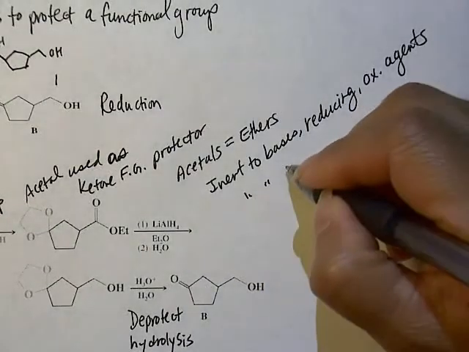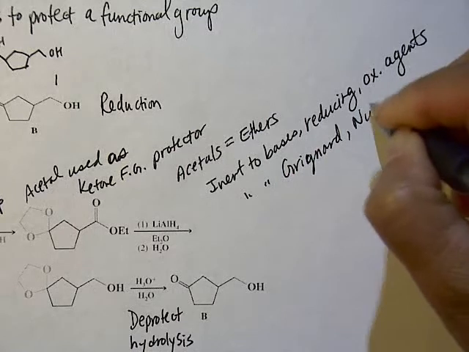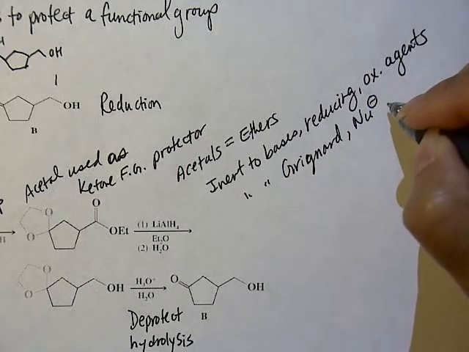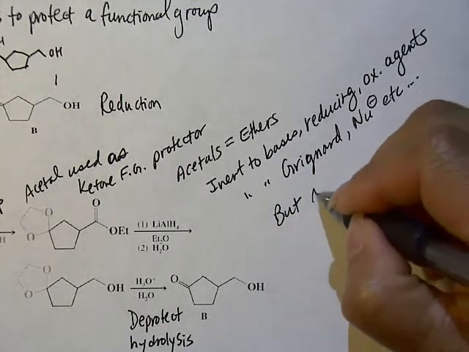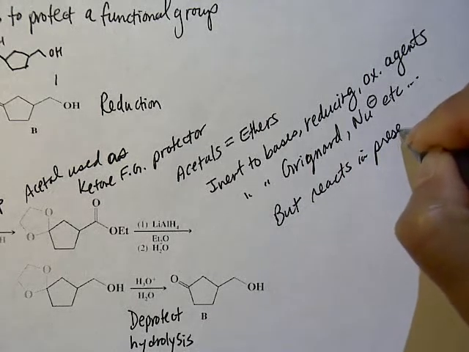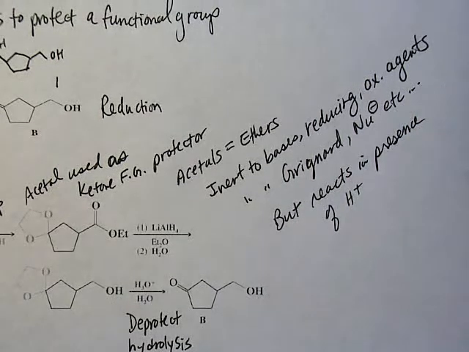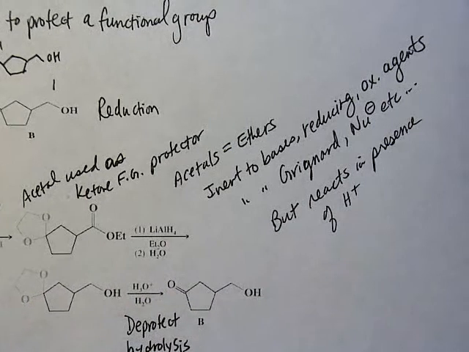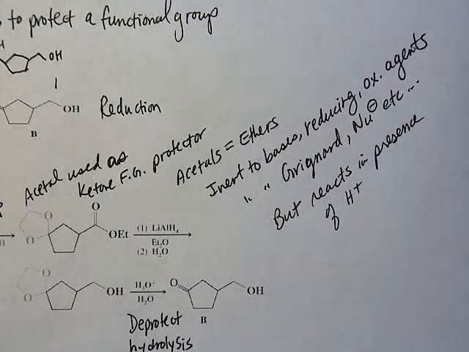They're inert to Grignard, nucleophiles, etc., but react in the presence of acid. All right, so as long as you're not doing the reaction in an acidic condition, it will stay in acetal form, and you do the chemistry that you need to do, and then voila, you take it off, and then you have the product that you desired.